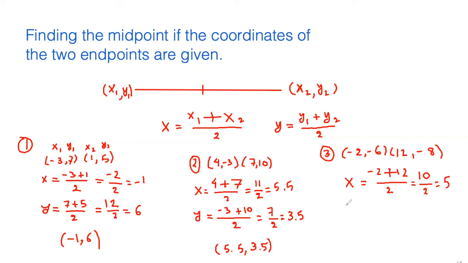Now we have to find the y coordinate. So y equals y1 plus y2. So y1 is -6 plus y2 is -8. So I open a parenthesis to show that it is a multiplication. So this plus times minus is a minus. So I'll show in the next step how it works.